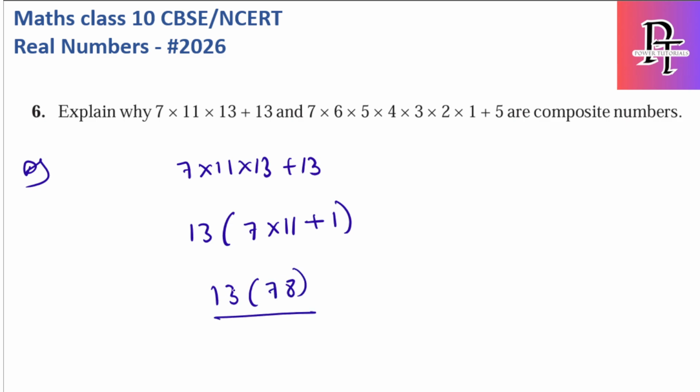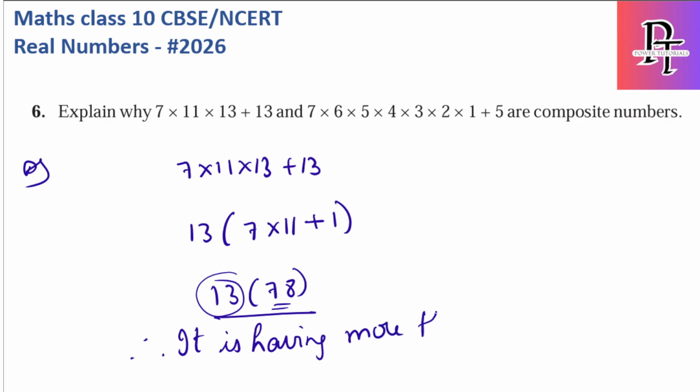Here itself we can see it has the factor 13, and 78 again can be broken into other factors. So it has more than two factors, so it is composite.